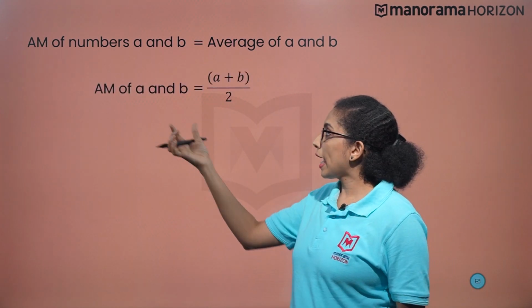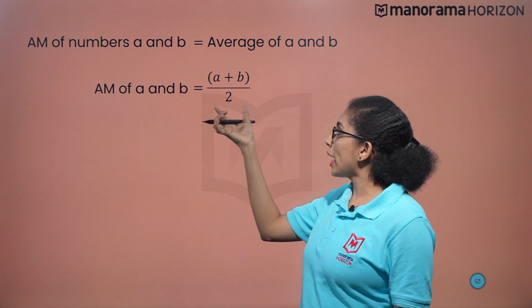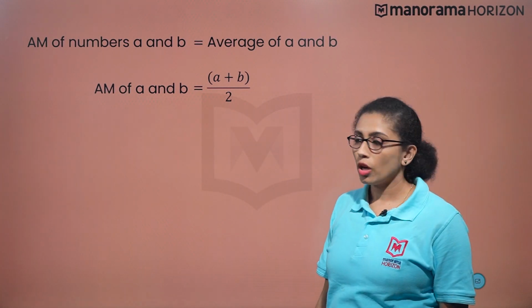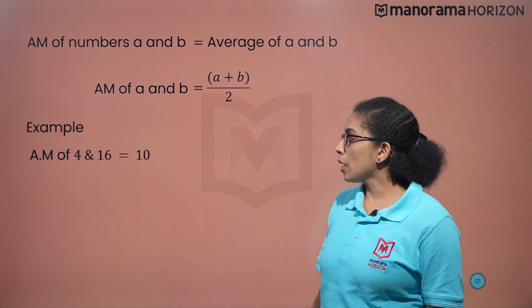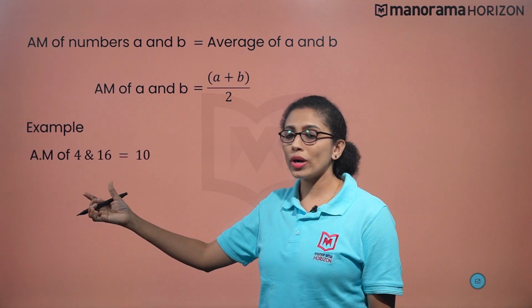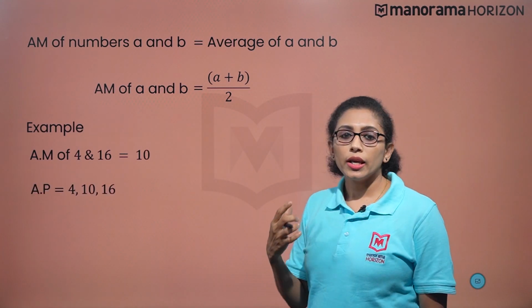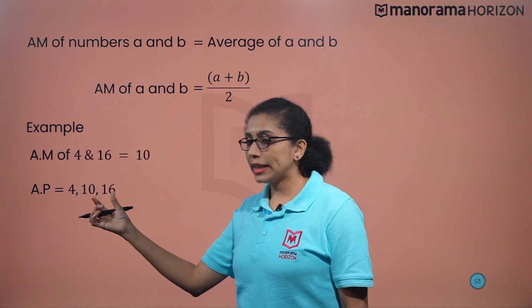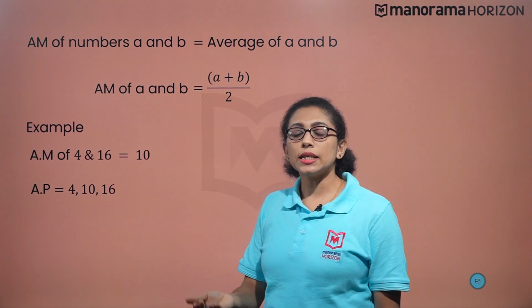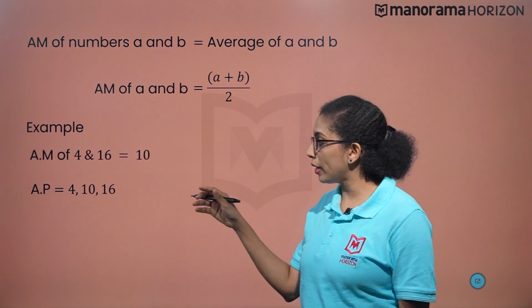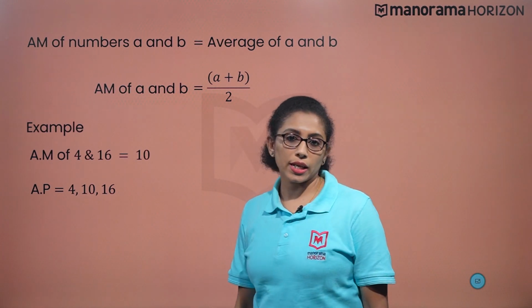That is, AM of A and B is equal to A plus B by 2. For example, AM of two numbers 4 and 16 is 10, and we can thus construct an AP 4, 10, 16 by inserting a number 10 between 4 and 16.